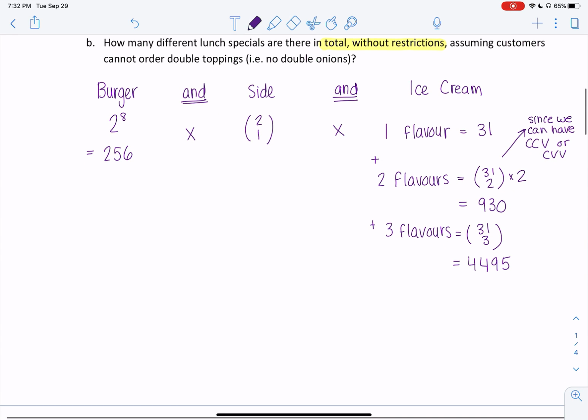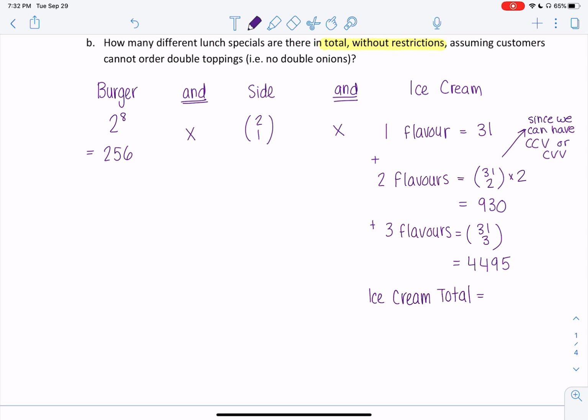So now let's total up our ice cream. And because I can only get one flavor or two flavors or three flavors, it means that those events are mutually exclusive and that I add them.